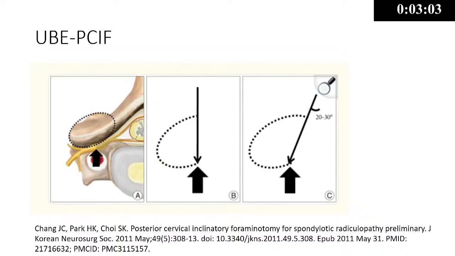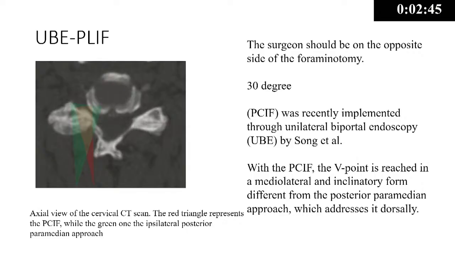When this is the facet joint, if we drill in this direction, there are more chances of facet disruption or facet injury. But if we drill from this direction at an inclinatory angle, there are fewer chances of facet injury, and we can save more of the facet. That is PCIF, posterior cervical inclinatory foraminotomy. We do foraminotomy from an inclined angle rather than dorsally.